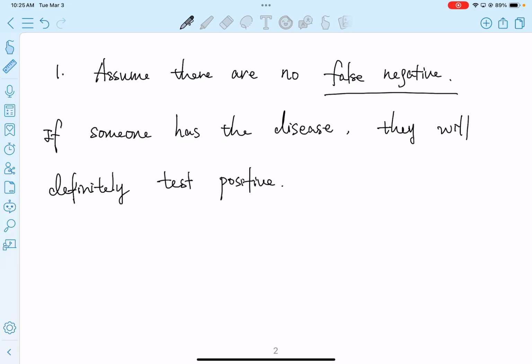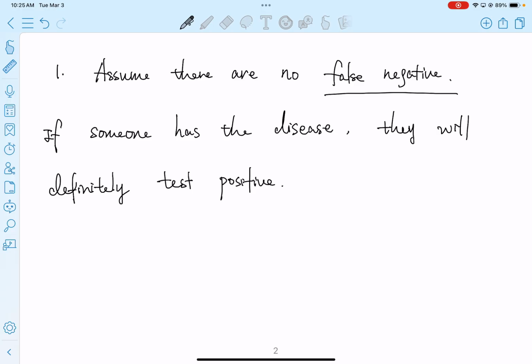That is something you don't want if you are inventing such toolkits to perform the test. But here we are assuming there's no false negative: if someone for sure has the disease, then when you implement the exam or the tools, you will have a positive result.